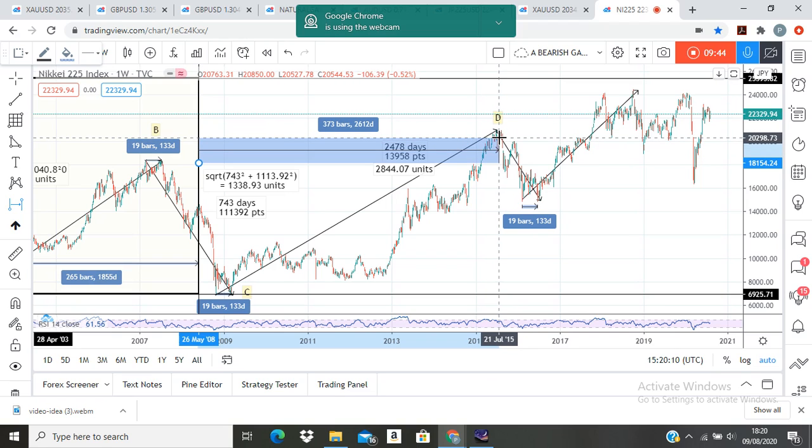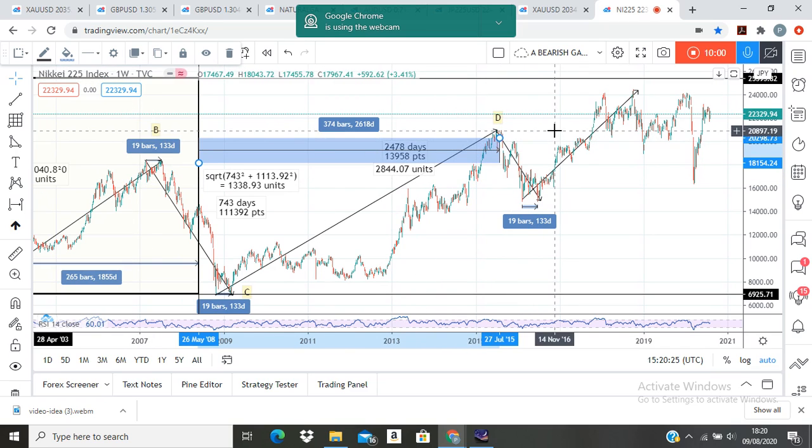Okay, let's take it here. We are having 2618 just at this top. Because we are using the weekly time frame, if we move one step ahead, it will give us 2625 actually.